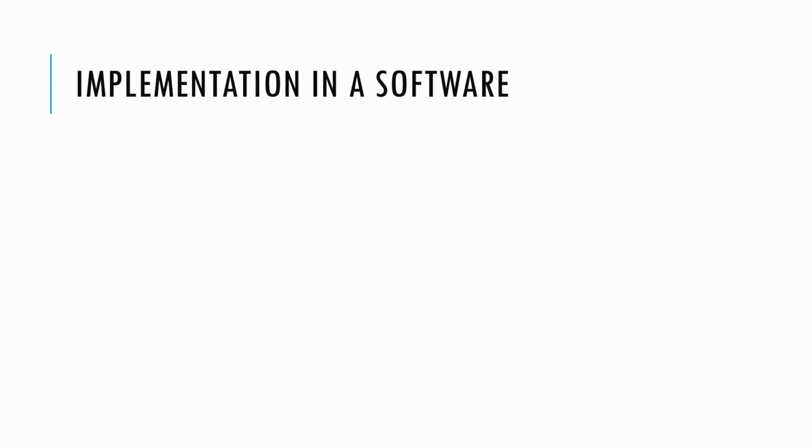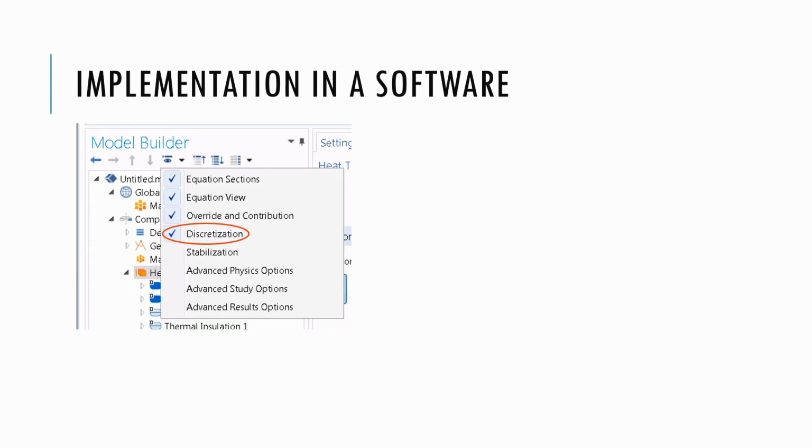How the implementation goes in a particular software, what button to click to choose a particular type of element, of course depends on the software, but I just want to share with you how we do this in COMSOL, which is one of the software packages we use.